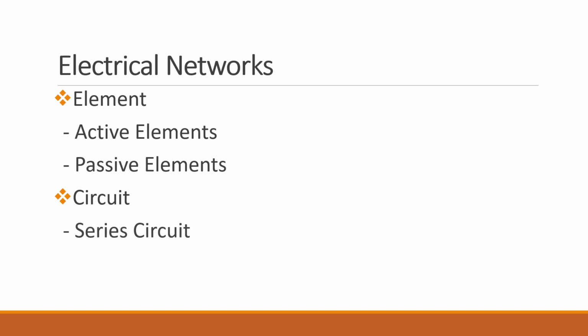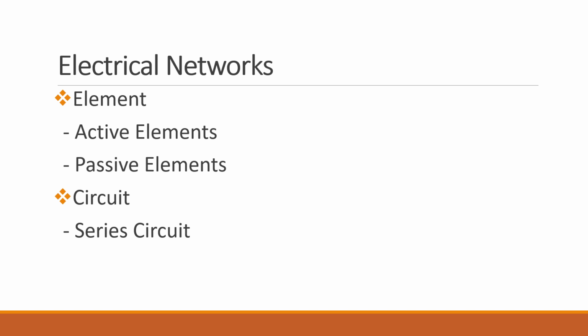It is a circuit configuration in which elements have only one point in common and each terminal is not connected to a third current carrying element. In a series circuit, current remains the same.